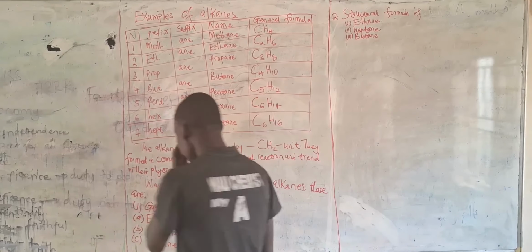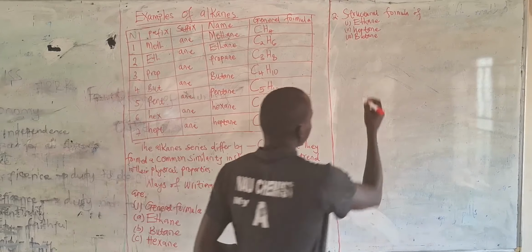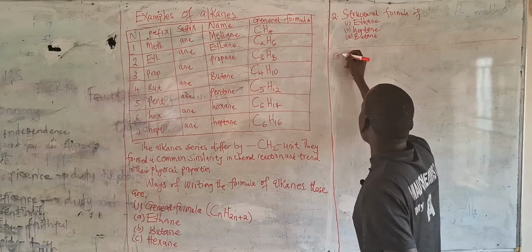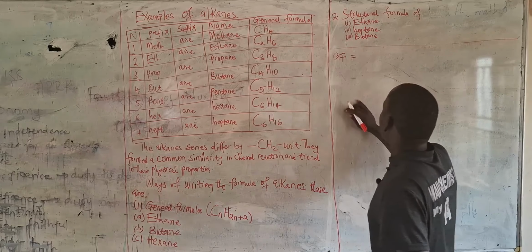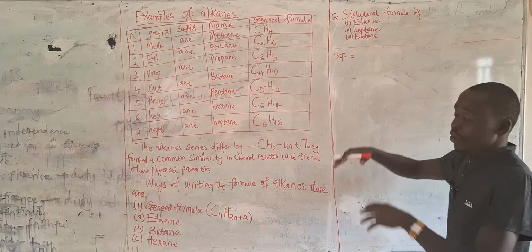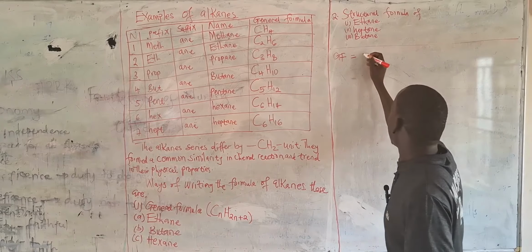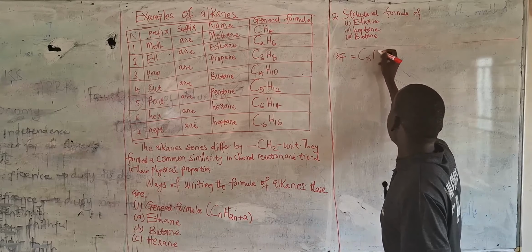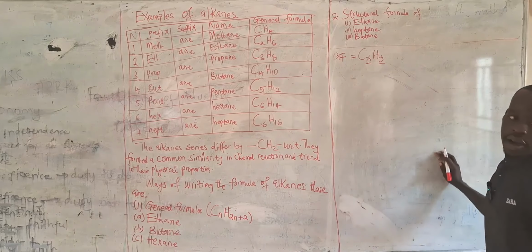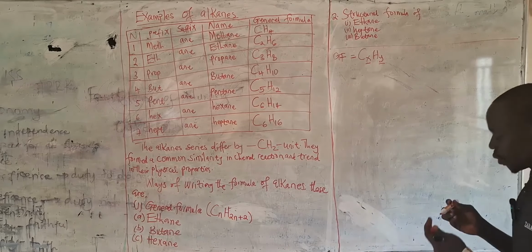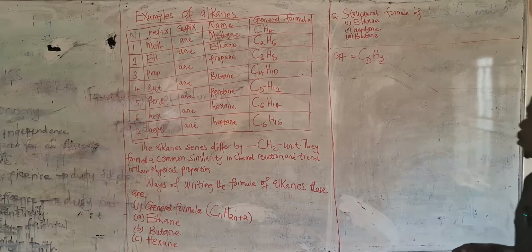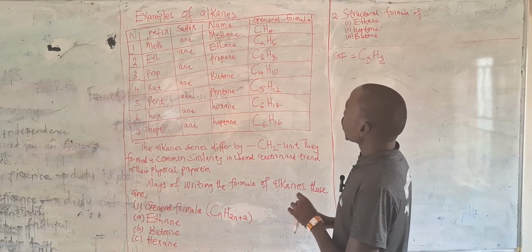The general formula for a hydrocarbon is CxHy, where x and y stand for any given number starting from one and continuing.